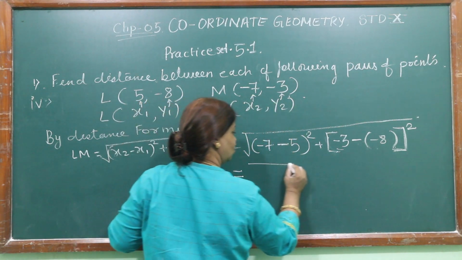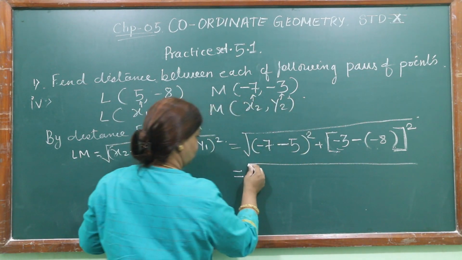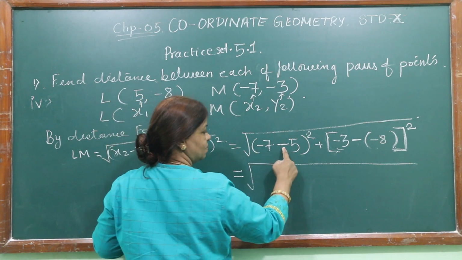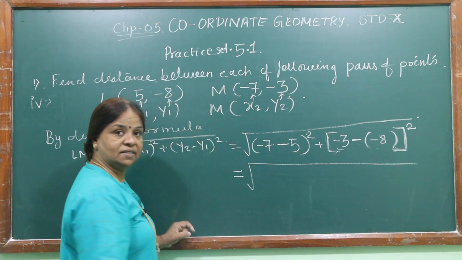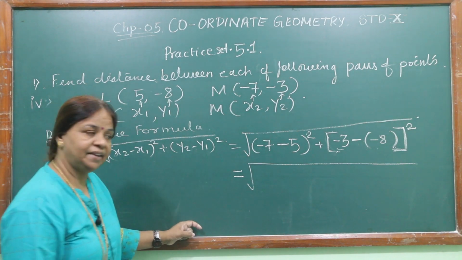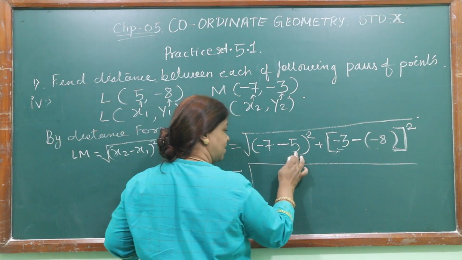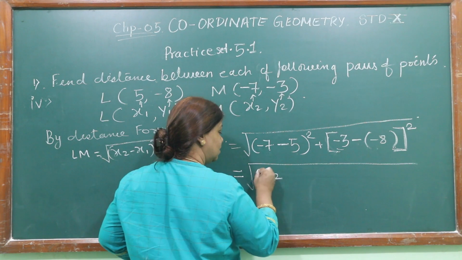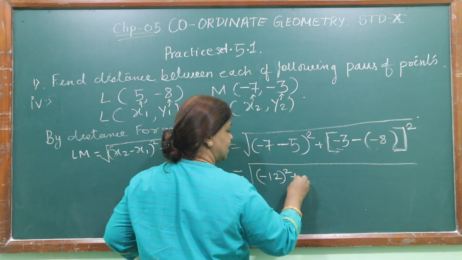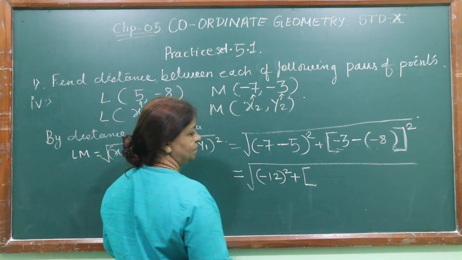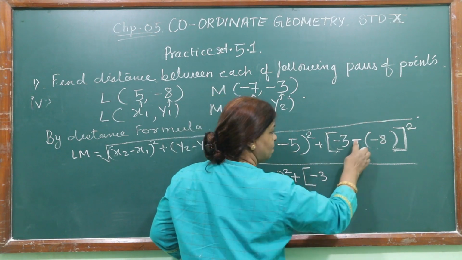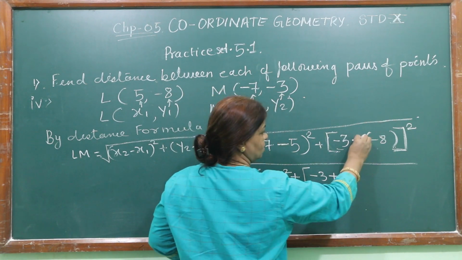So this is minus, both numbers are having minus sign, so both will be added. Minus 7 and minus 5 is minus 12, the whole square, plus square bracket, minus 3 minus plus a, and then this is minus and this is plus.